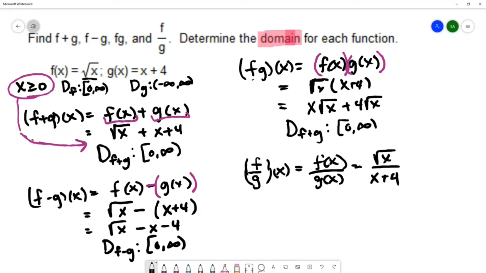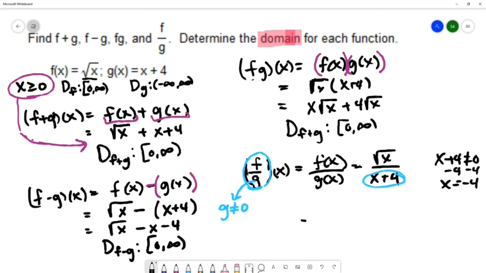However, with division, because we're dividing, we have to make sure that denominator is not equal to 0. So with division, we get this extra restriction that the denominator cannot equal 0. So if we subtract 4, we get x is equal to -4. That's an extra restriction.